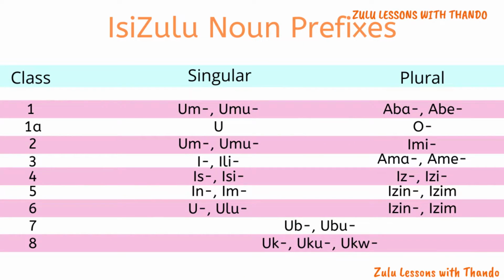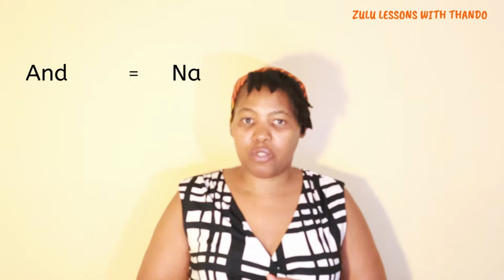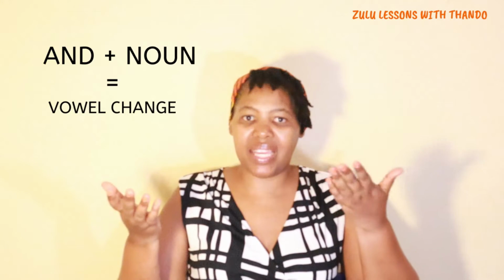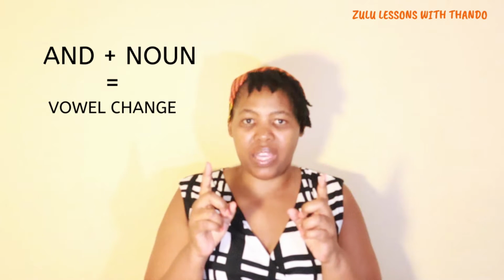Now remember, in isiZulu, nouns start with vowels. You remember the noun prefixes that we learned just a while ago? Nouns always start with vowels. Now, na is also a vowel. So to put na and the noun together, we now have 2 vowels together.